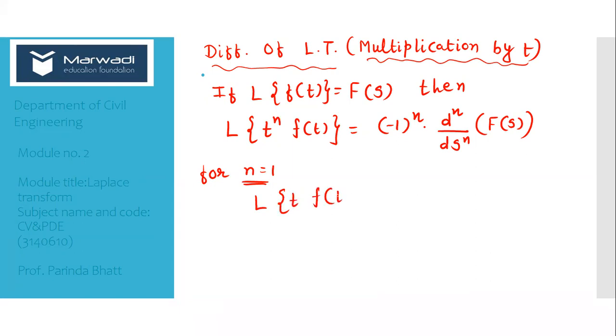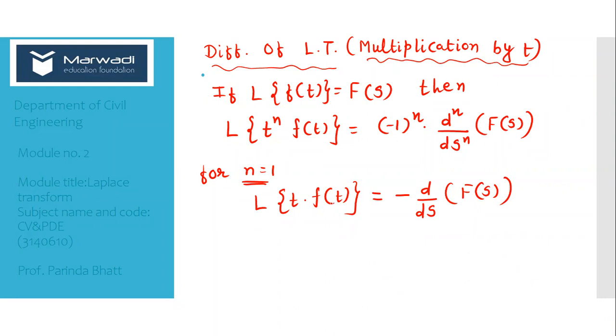t f(t) is minus 1 power 1, therefore minus d by ds, n is also 1, of F(s). Right? What is the meaning of this property?